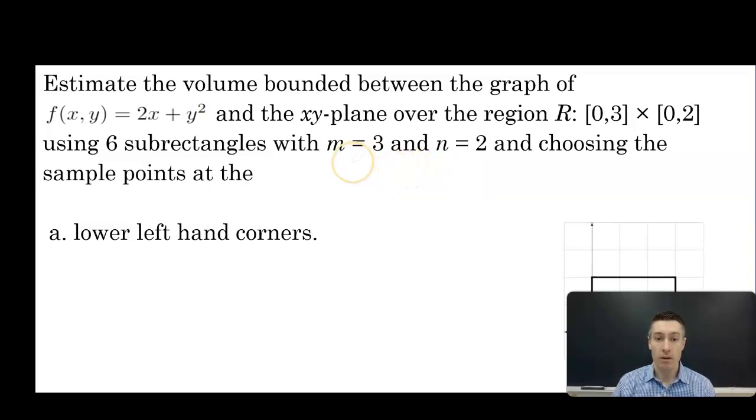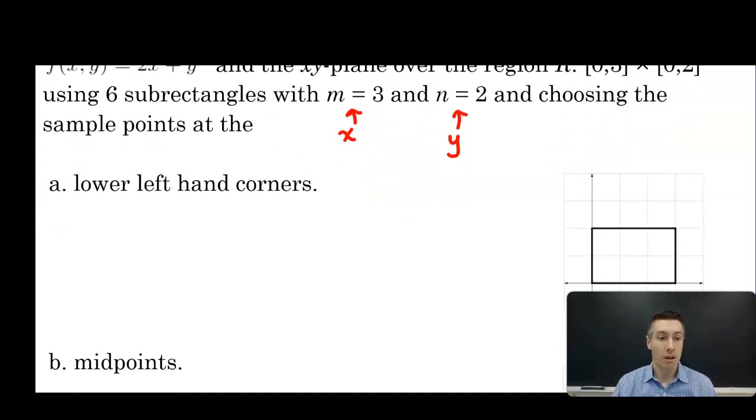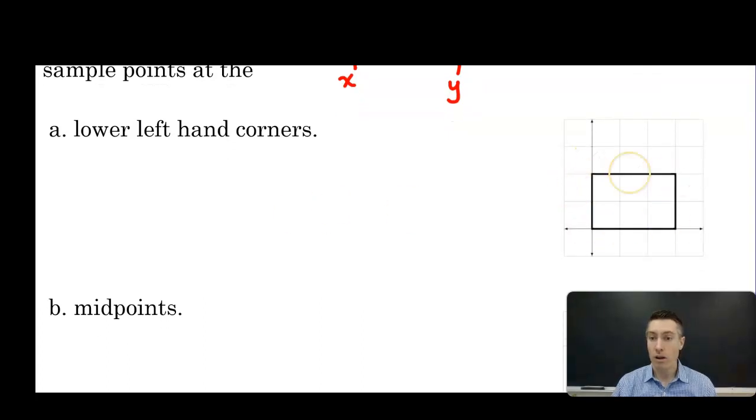Just breaking this down, highlighting again, m is telling us how many subintervals along the x and n how many subintervals along the y. 0, 3 is our x interval, 0, 2 is our y interval. Just really highlighting some of the new notation and definitions here. So I've already generated the rectangle, not the subrectangles yet.